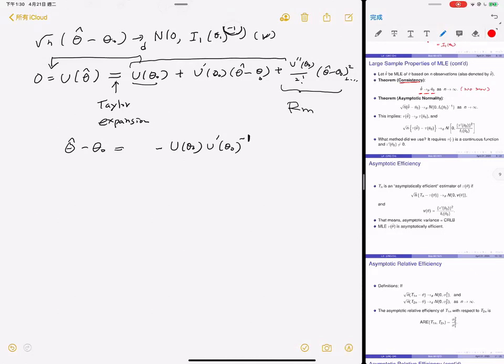Okay, good. And then of course I have a bunch of remaining terms right here again.